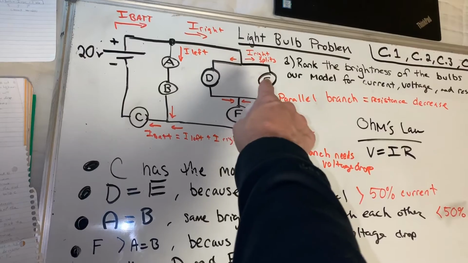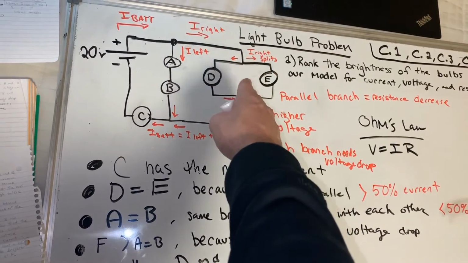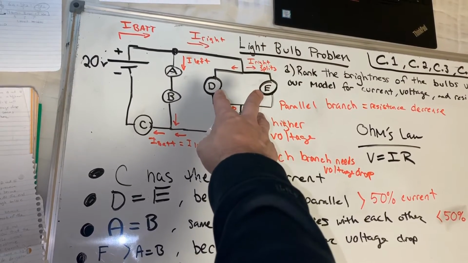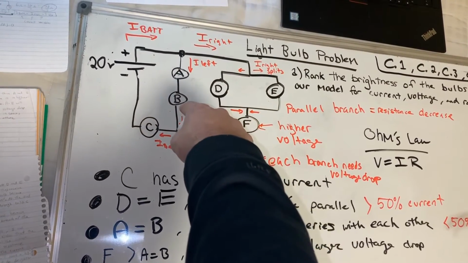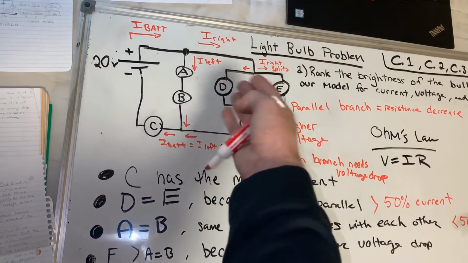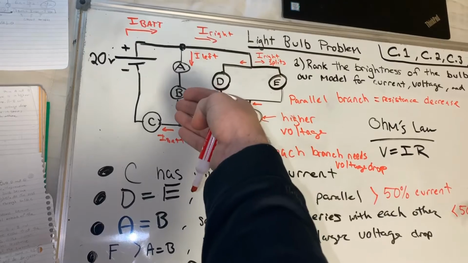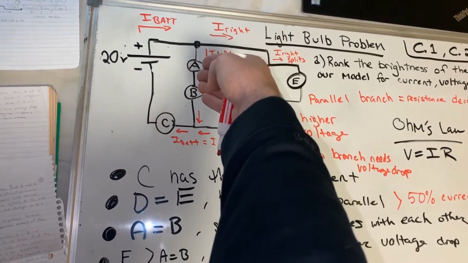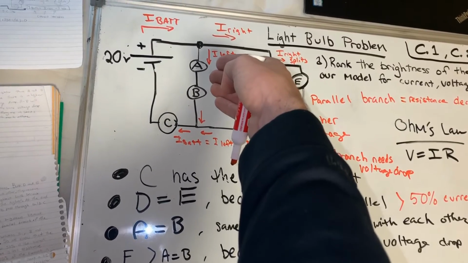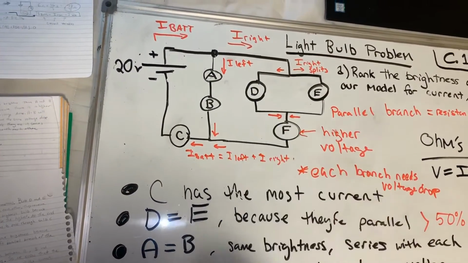There's going to be a smaller voltage drop here because even though they receive more current, this parallel section has less resistance. So A and B is going to be brighter than D and E because even though they receive less than 50% of the current, they're in series with each other and they have to have the same voltage drop. So A and B will be brighter than D and E.